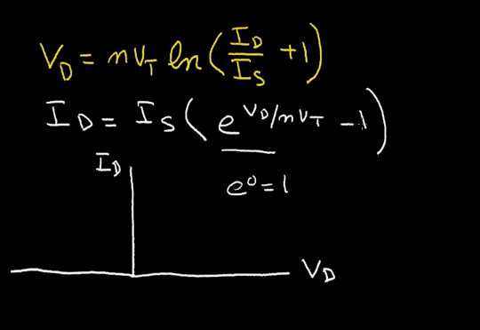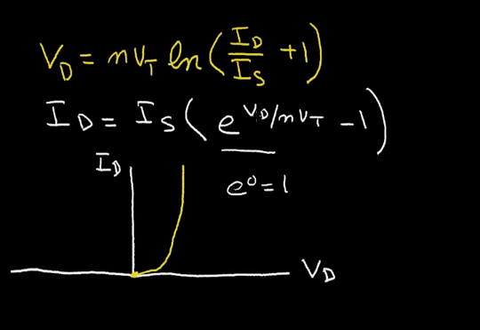And if we have 1 minus 1, we get 0 times I sub S, which is 0. So at this point the current is equal to 0. And as V sub D is increased in the positive direction, this exponent dominates. This minus 1 becomes negligible. We get a curve that looks something like this.